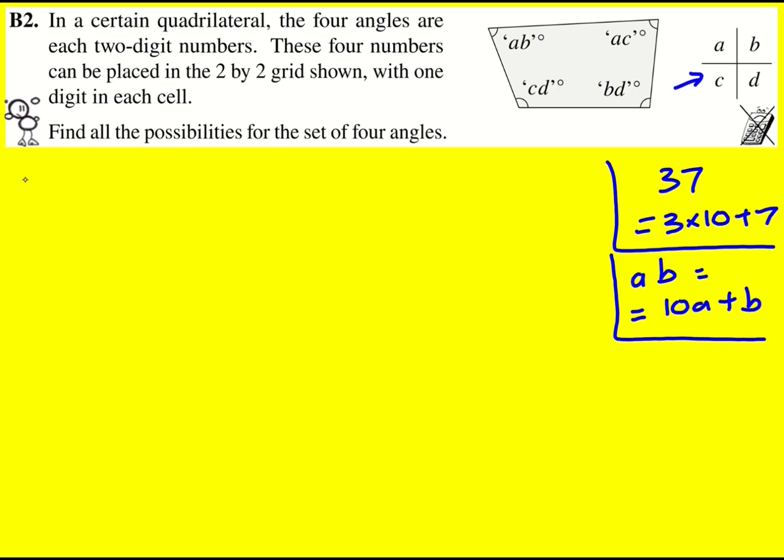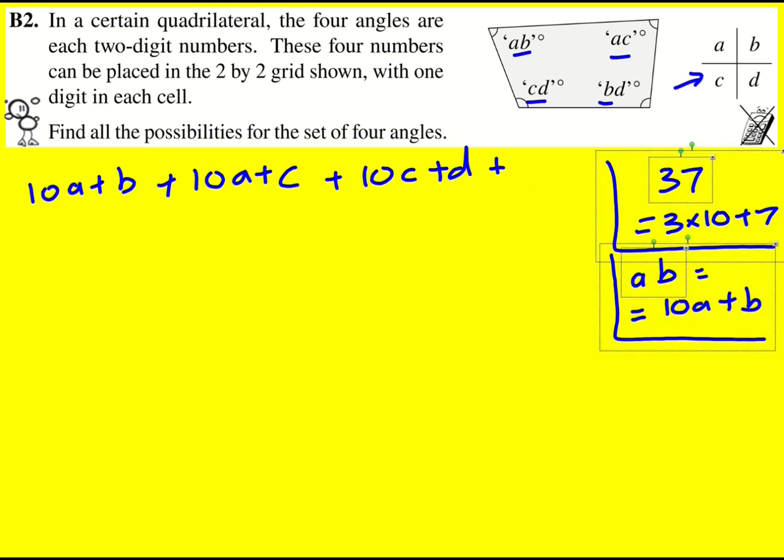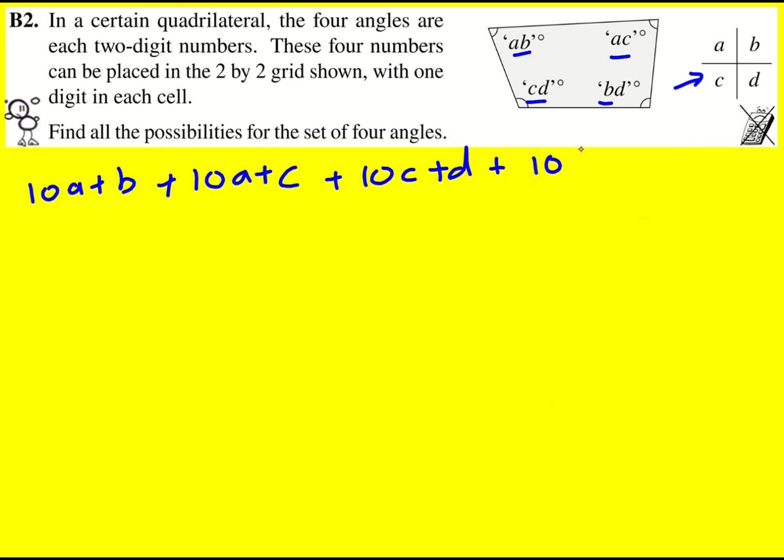So in powers of 10 form, we're going to get 10A plus B, that's my AB, plus 10A plus C, plus 10C plus D, plus, and I've just realized I've run out of space, plus 10B plus D is going to equal 360 because this is a quadrilateral.